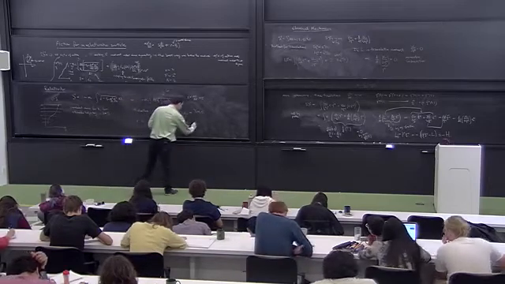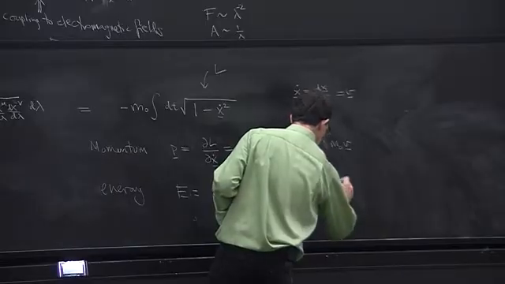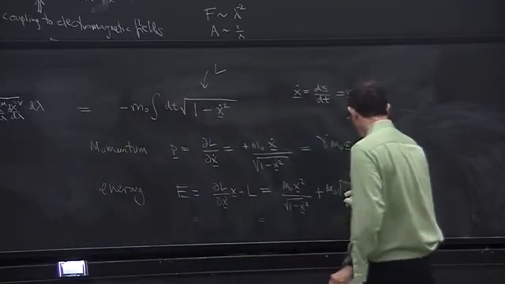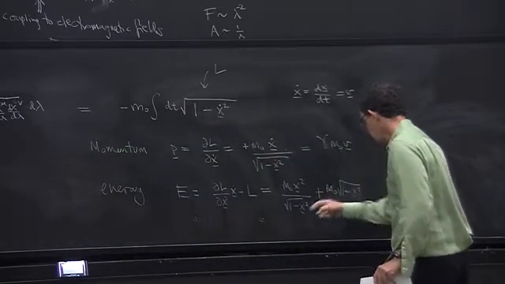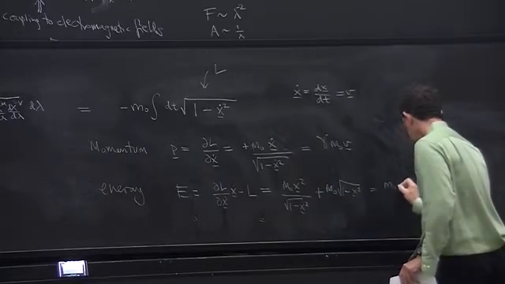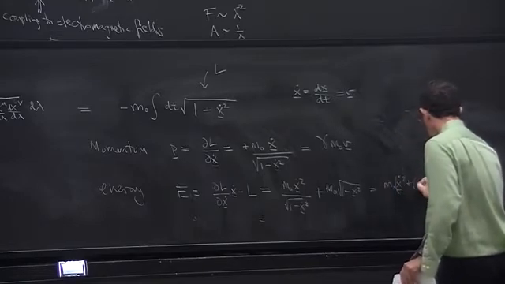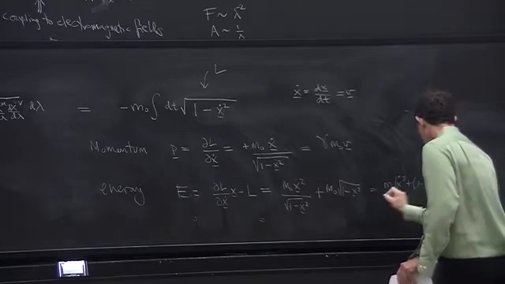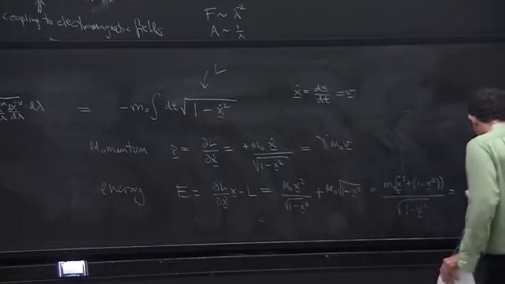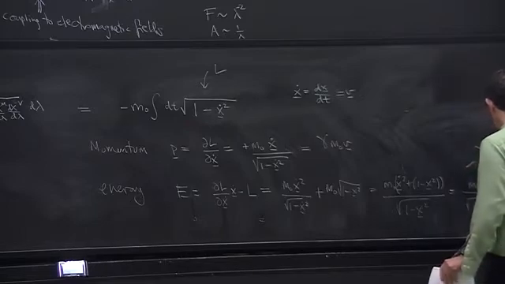And then minus L is now plus m naught times the square root. And you see I can combine the two terms just by multiplying through by root 1 minus x dot squared. So I get m naught times x dot squared plus 1 minus x dot squared over square root 1 minus x dot squared. And so that's equal to m naught over root 1 minus x dot squared. So that's equal to gamma m naught.